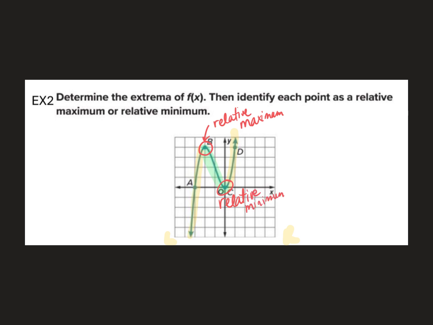Now, they want us to talk about the fact that B is a relative maximum. We don't have to list it in ordered pairs. And then C is a relative minimum.